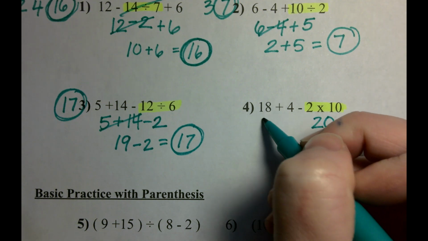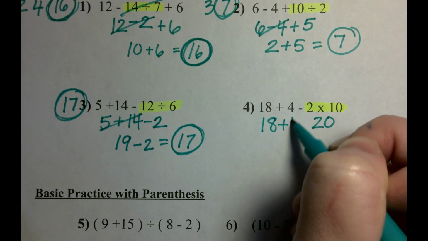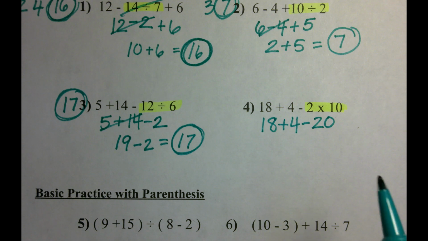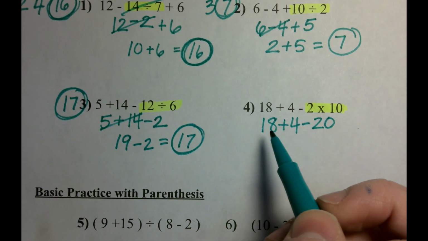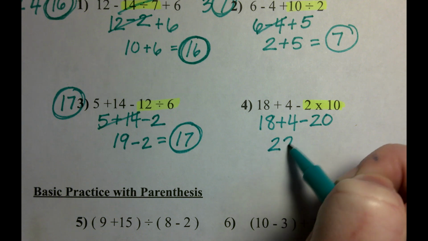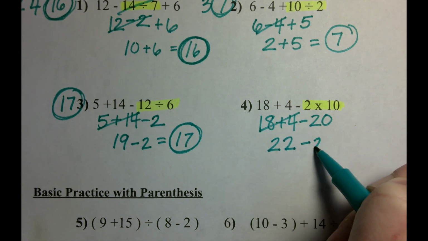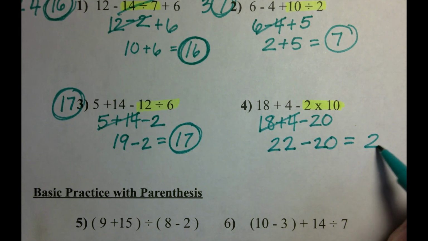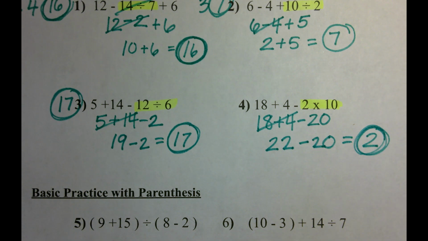Bring it all down. 18 plus 4 minus 20. 18 plus 4, what's that? 22. 22 minus 20 is 2. Good. Any questions on numbers 1 through 4?